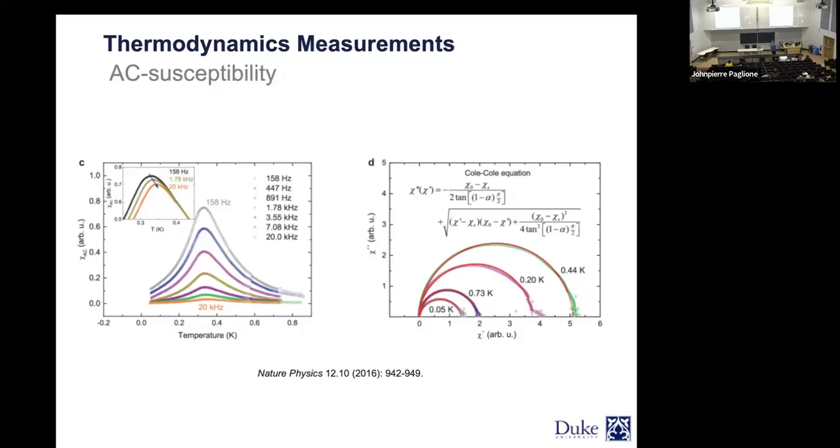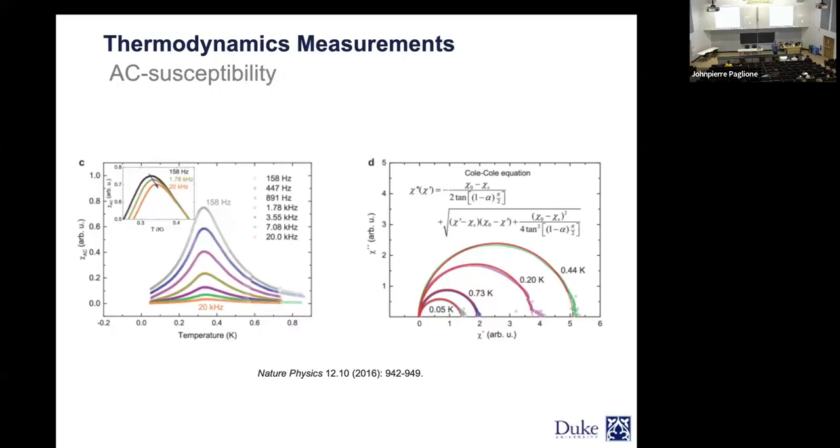You may have site mixing, you may have site vacancies, so there may be some spins that are, for example, orphaned. Those spins can form a frozen situation, and that frozen state can induce a little bit of a change in the frequency dependence of AC susceptibility.